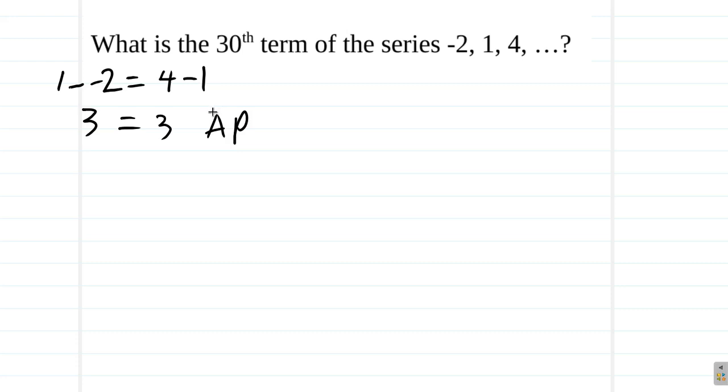Now, what is the nth term of an arithmetic progression? If you don't remember, you could derive it quickly. Let's call the first term A, and then the second term would be A plus the difference between the first and second, which would be D, and so on.